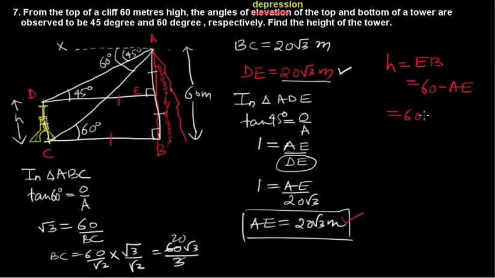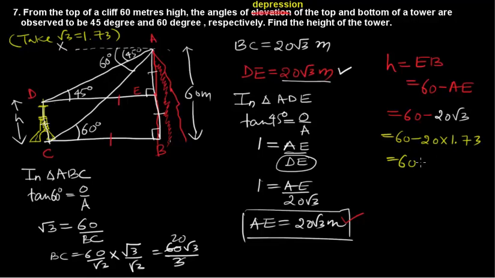So it equals 60 minus 20 root 3. Here we take root 3 equals 1.73. It becomes 60 minus 20 into 1.73.